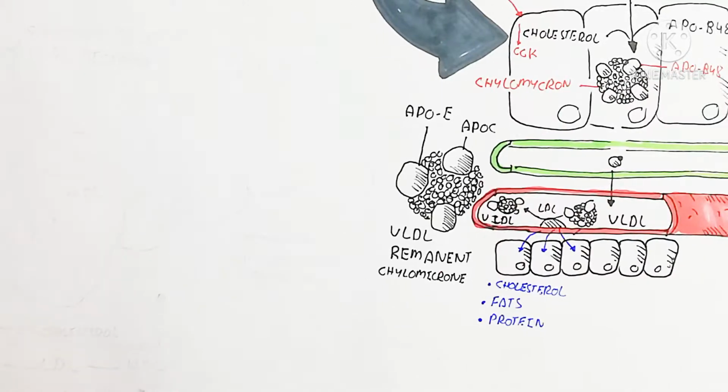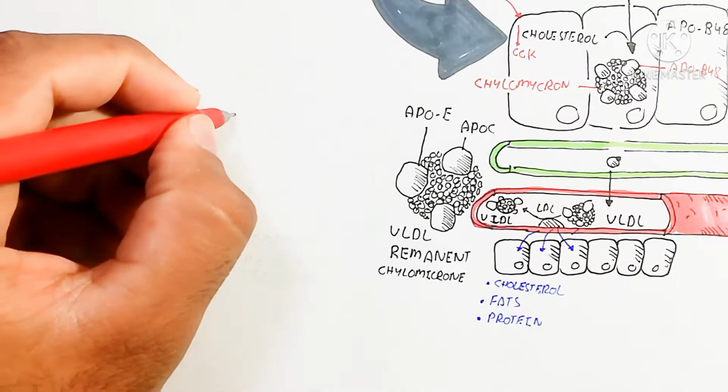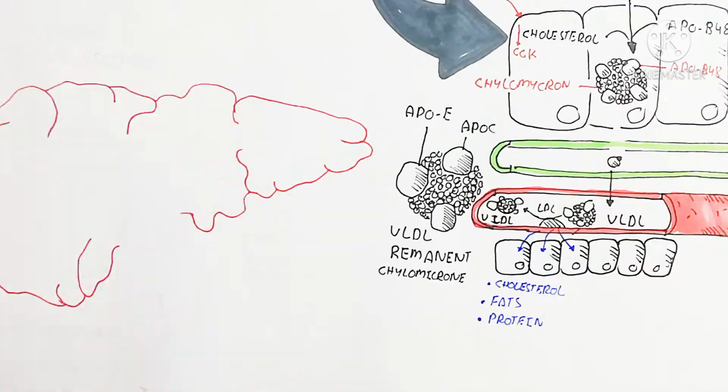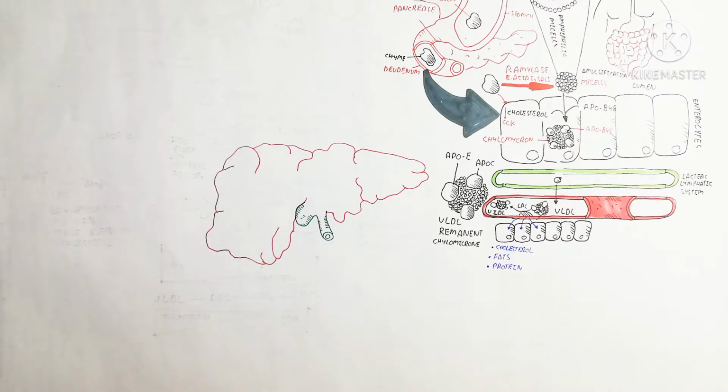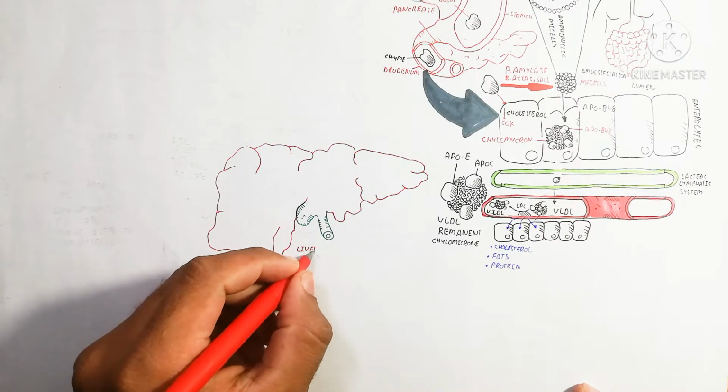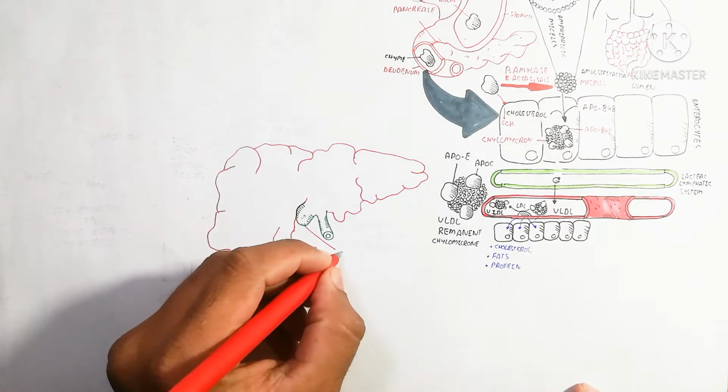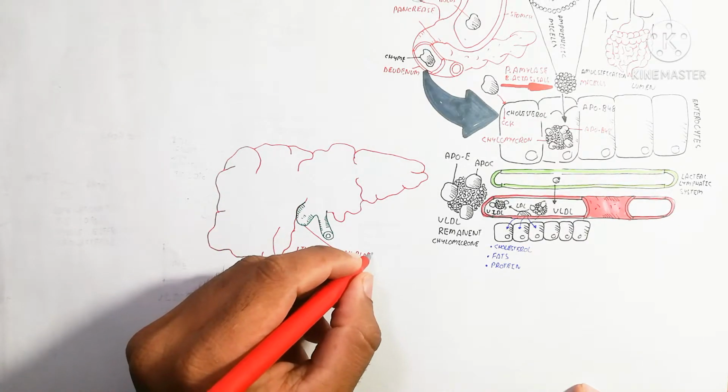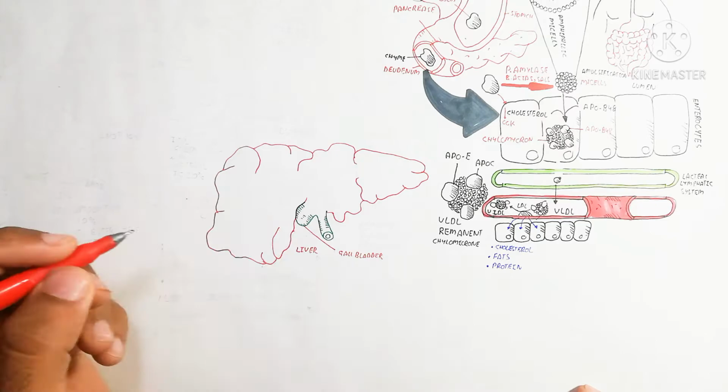So ApoE means that there are many apoproteins that come from the LDL, low density lipoprotein, which give the ApoE site.